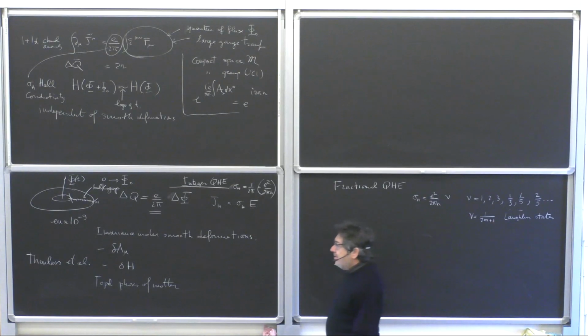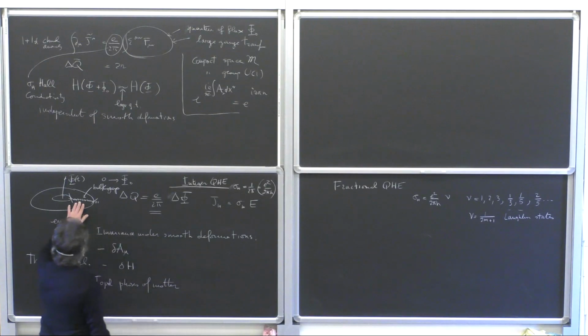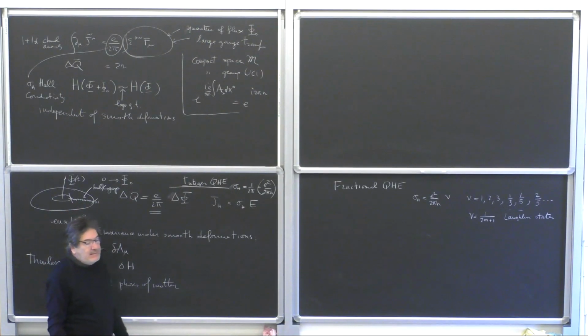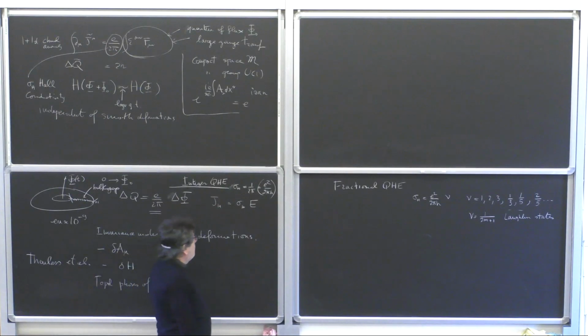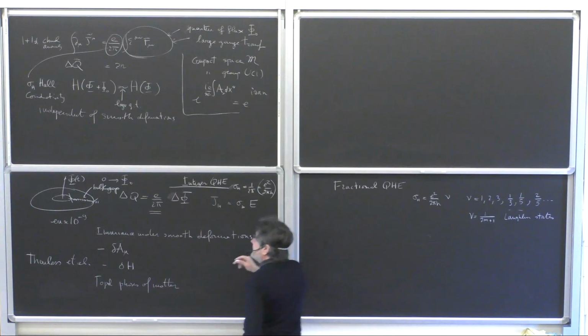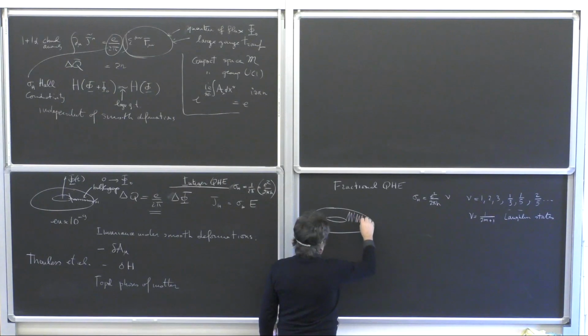What's the point? The point is that in the case of this gap, this property, which was important in the argument, was based on the fact that you fill a complete Landau level. So you had this idea that in this system you have radial wave functions which are all like this, and on each of them you have a fermion, so it's fully packed.